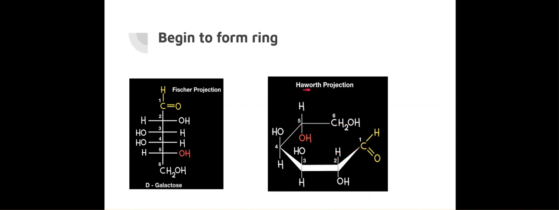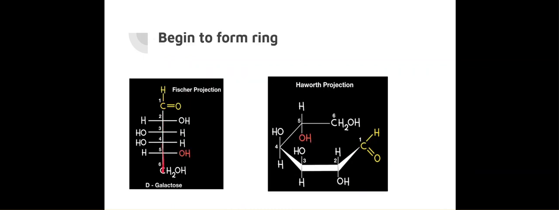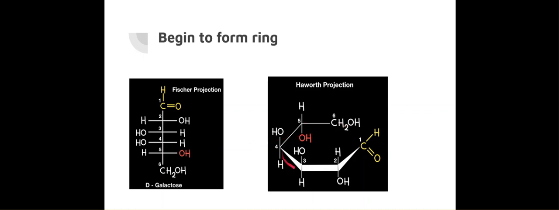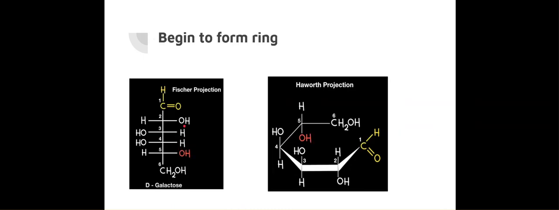This is named after a chemist by the name of Haworth who developed this. And what happens is how you go from a chain to a ring is that it bends over upon itself. As we said, these 2 ends are going to combine together. And then what happens is this carbon rotates.